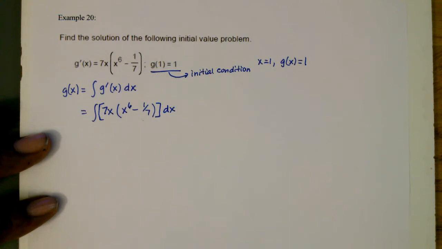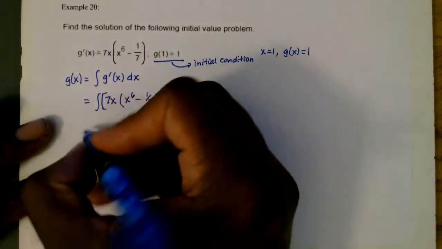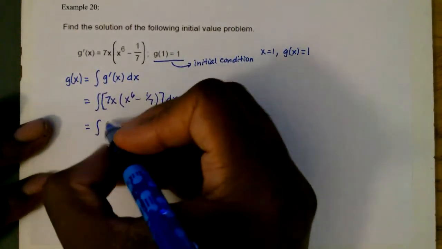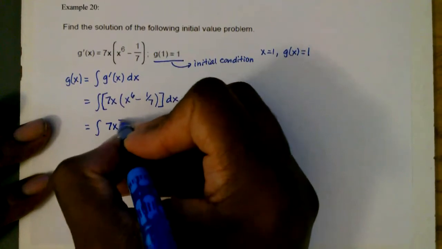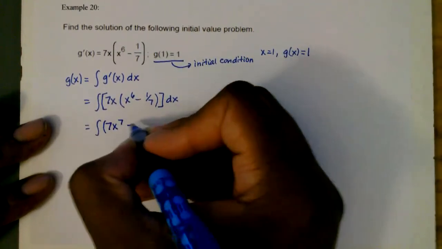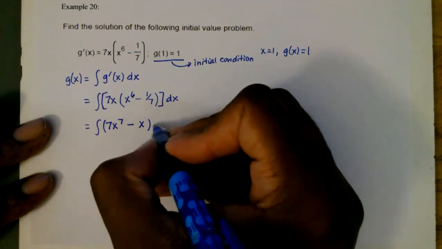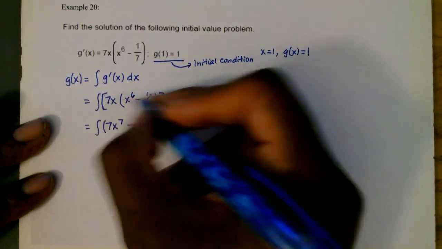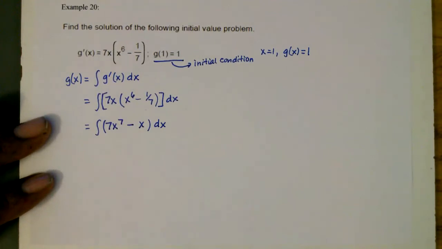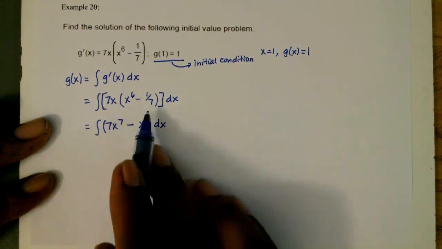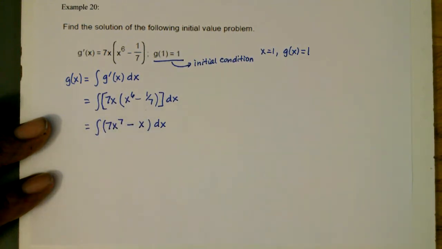Now if I distribute the 7x over x to the 6 minus 1/7, here's what I'll have. I'll bring down the integral of 7x to the 7 minus x dx, because 7 times 1/7 gives me 1, so I'll be left with just x.